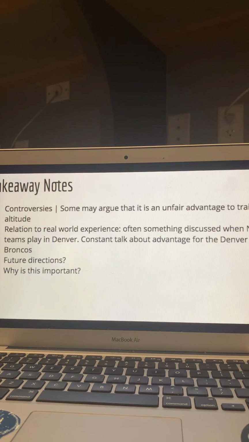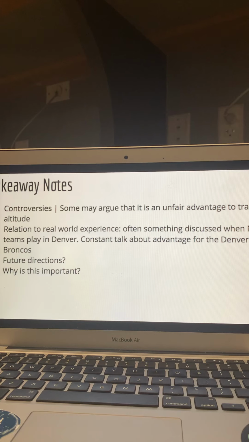When I visit my parents and I'm running in Colorado, it's definitely harder at first when I'm getting used to the altitude, but as soon as I get back to Nashville, it's a lot easier for me when I initially transition to a lower altitude. But I do notice if I do not stay consistent, the benefits start to fade and I just go back to normal, and I'm not the best runner.